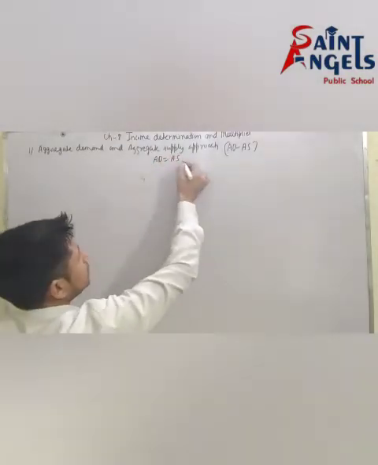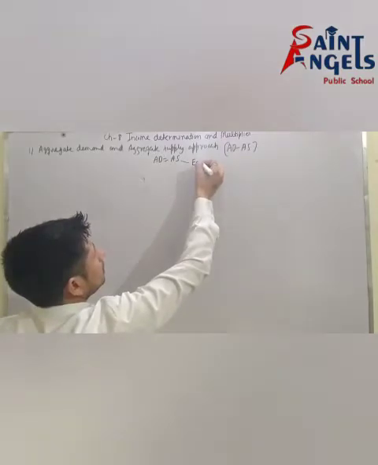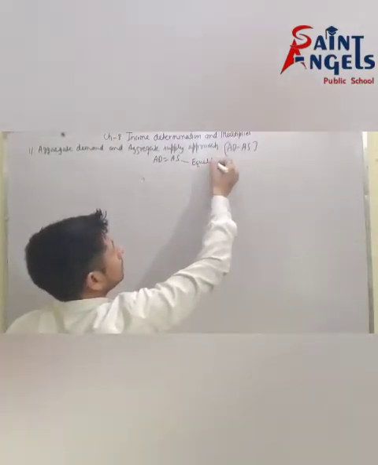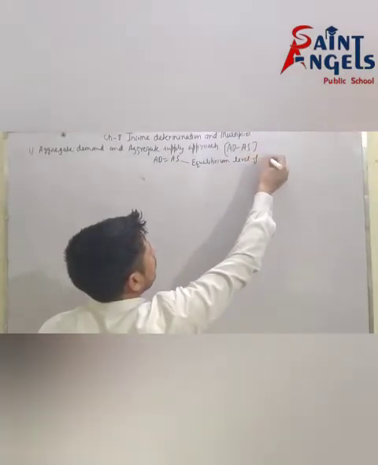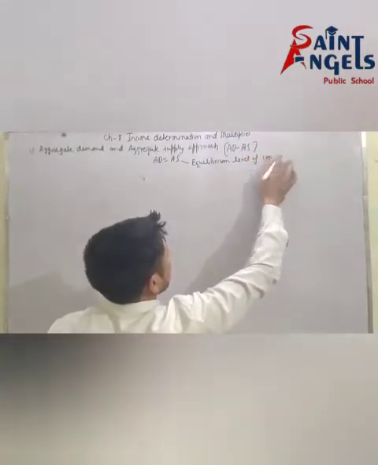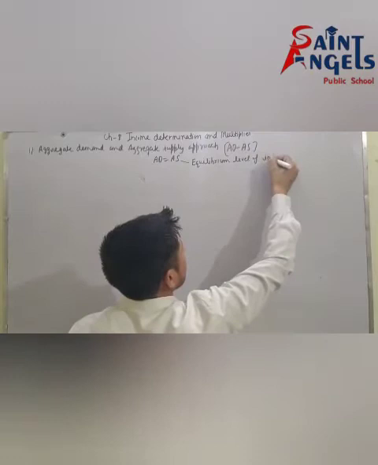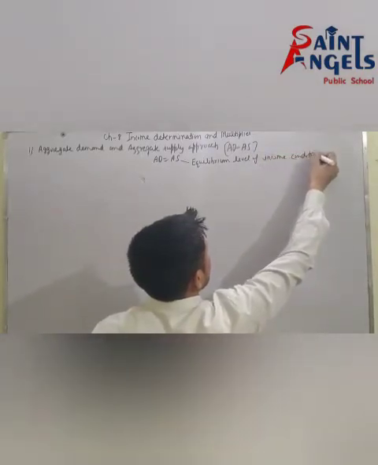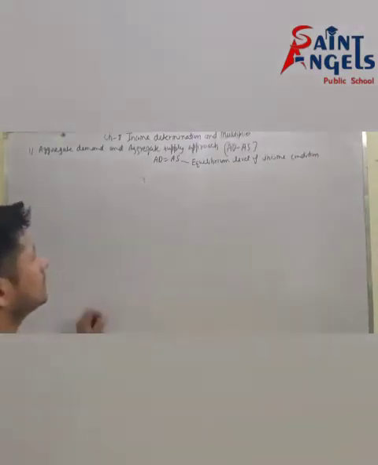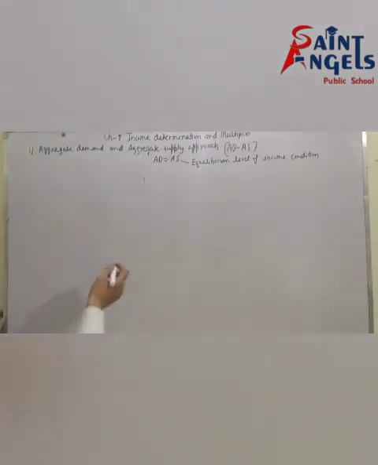AD is equal to AS means equilibrium level of income, equilibrium condition.